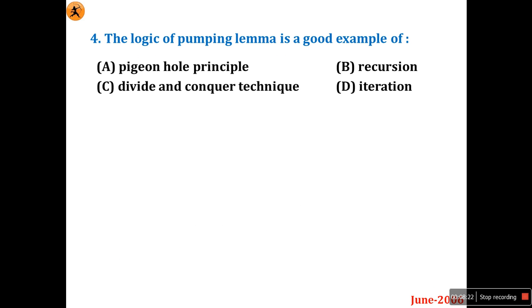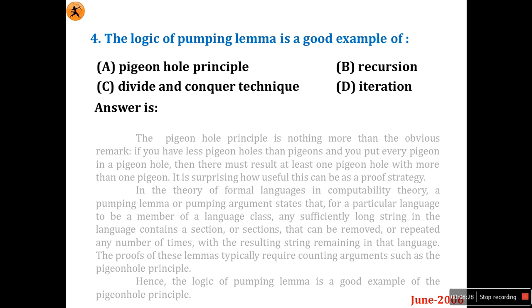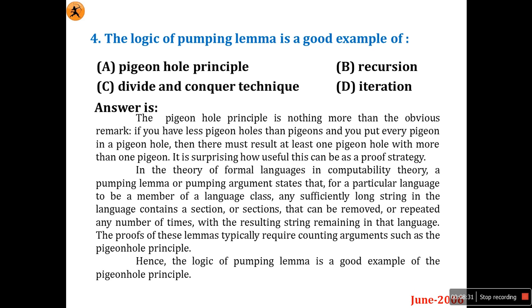The logic of the pumping lemma is a good example of what? It's a straightforward question actually. This is the pumping lemma theorem. The pigeonhole principle is nothing more than one obvious remark. It is a very popular theorem and example in computer science.